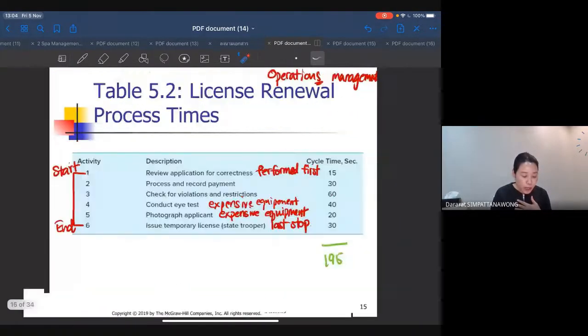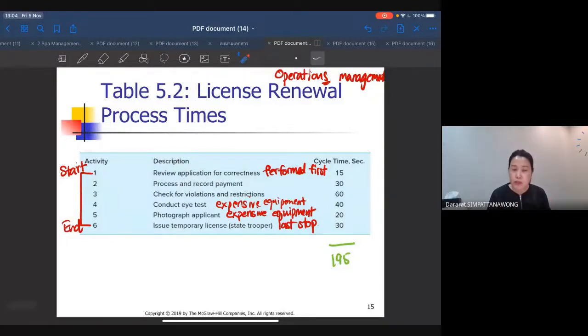And we have the components of the question that say there are 6 activities altogether. You start from activity number 1 and finish at activity number 6. What you have to bear in mind is that they provide some extra conditions: the eye test uses expensive equipment, and the photograph machine is also expensive equipment.